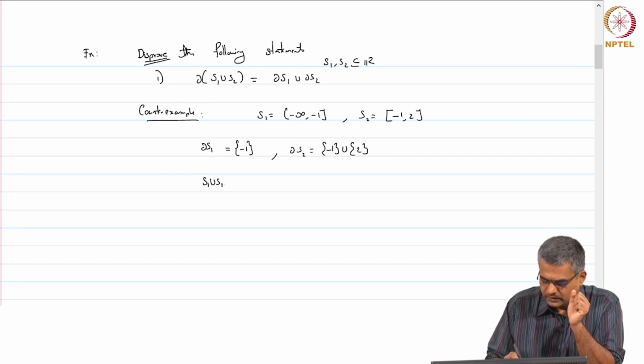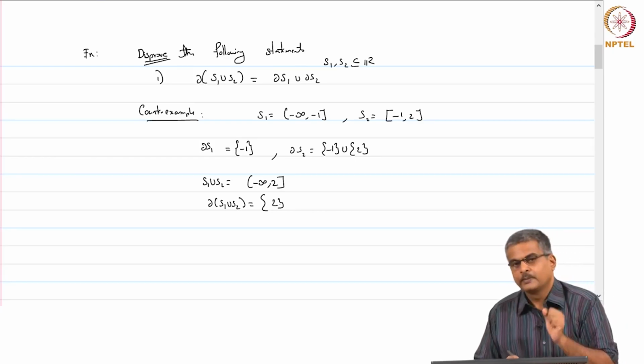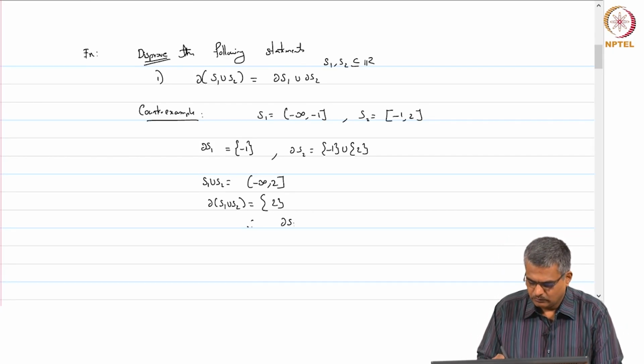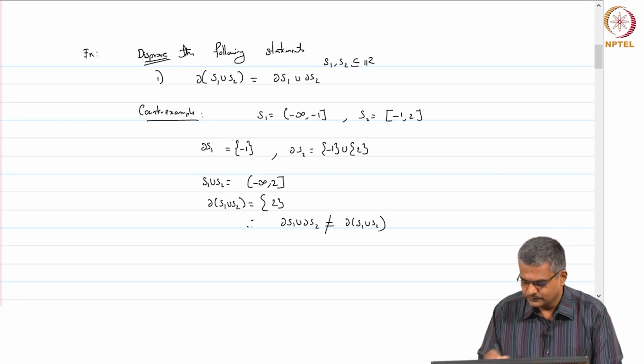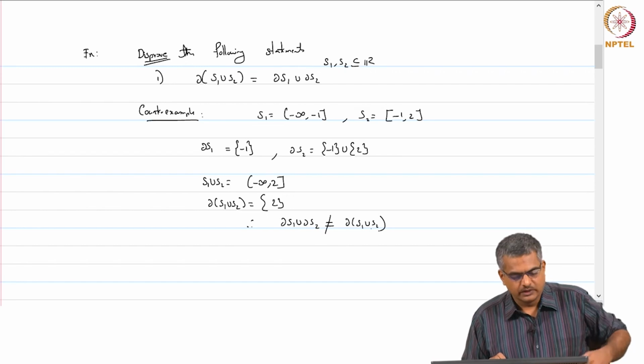S1 union S2 consists of all points from minus infinity to 2, and the boundary of S1 union S2 is just 2. Therefore, the boundary of S1 union the boundary of S2 is not equal to the boundary of S1 union S2. To disprove, you just need to come up with a counterexample.